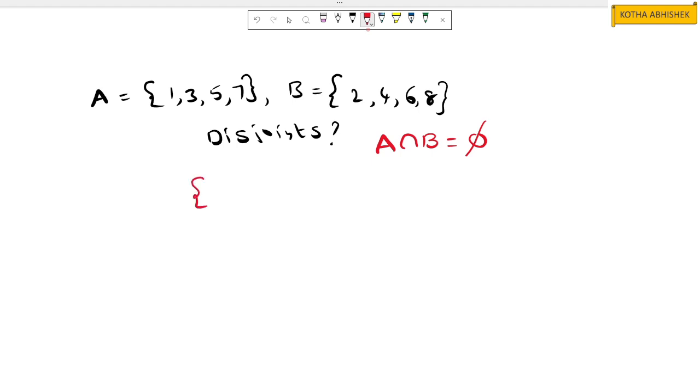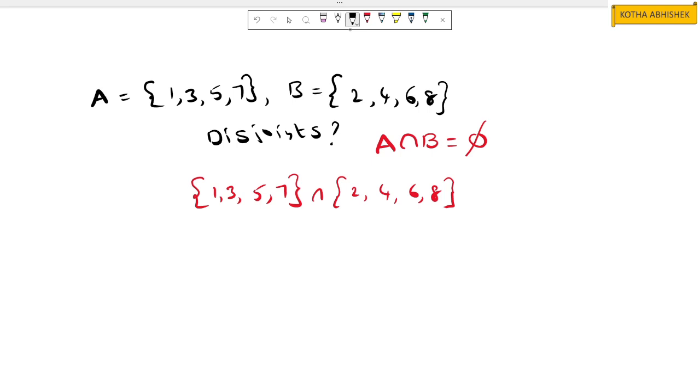Here set A we have 1 comma 3 comma 5 comma 7 intersect set B, that is 2 comma 4 comma 6 comma 8. Now if we observe these two sets clearly, is there any common element here? 1 is not there, 3 not there in the second set, 5 is not there in the second set, 7 is not there. The same way the elements which are there in the second set also are not there in the first set.